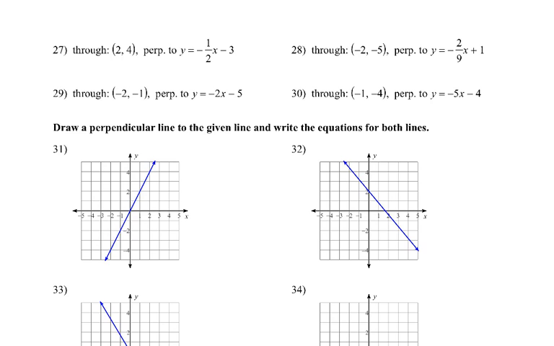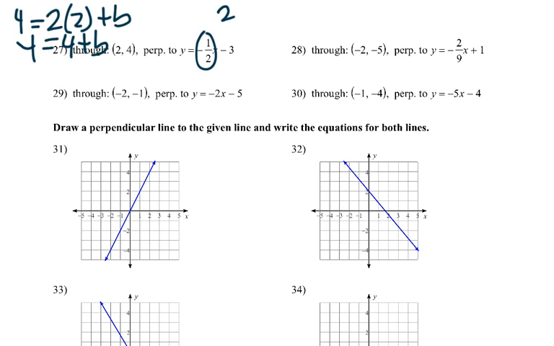So same idea. Slope of negative 1/2 would be a slope of positive 2 over 1, or just 2. A y of 4, and slope of 2, and x of 2, plus b. 4 plus b equals 4, subtract 4. 0 equals b, so my new equation, y equals 2x plus 0, or just 2x.